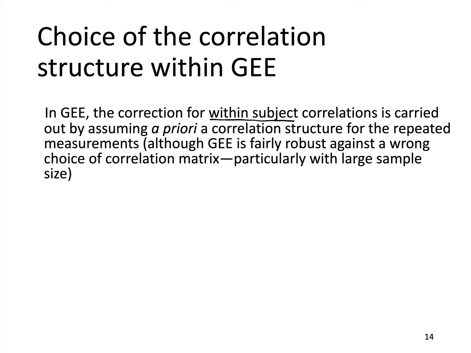And the good thing is generalized estimating equations, unlike the models that we're going to talk about later in the class, is fairly robust to being wrong about the choice of the correlation matrix. Particularly when you have a large sample size and you have balance within subjects, meaning that everybody in the data set is measured at 4 time points.